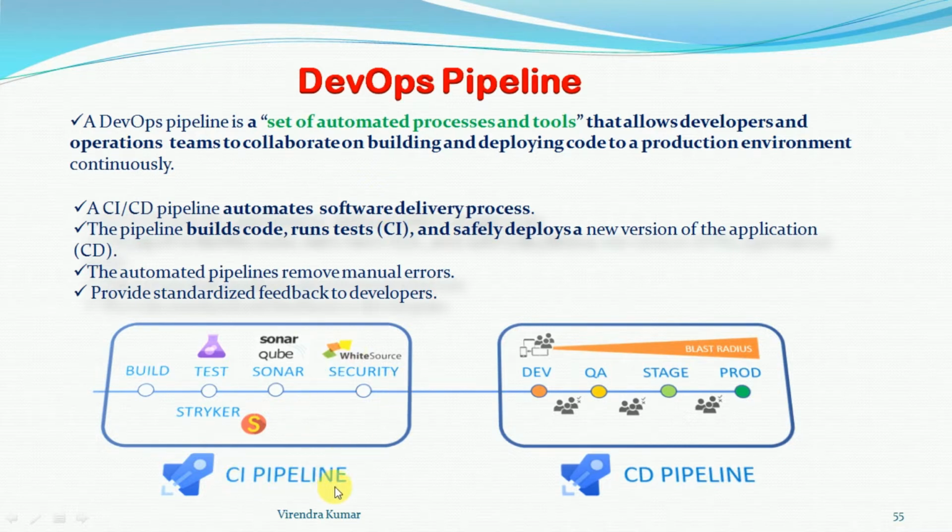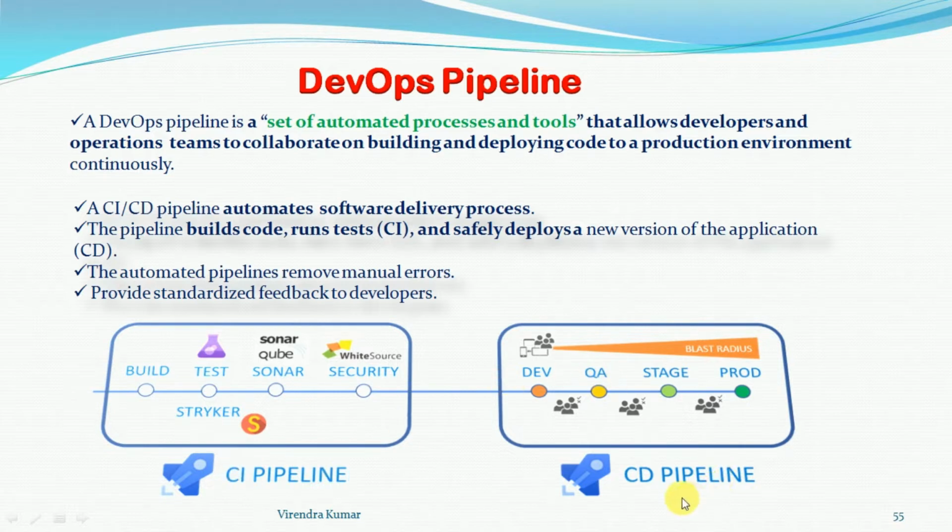There are two types of pipelines: the CI pipeline and the CD pipeline. The CI pipeline in Azure DevOps is the continuous integration pipeline. The CD pipeline is the continuous delivery pipeline. In the CI pipeline, the steps or processes are build, test, and if you want, code coverage testing, quality checks, and security checks.